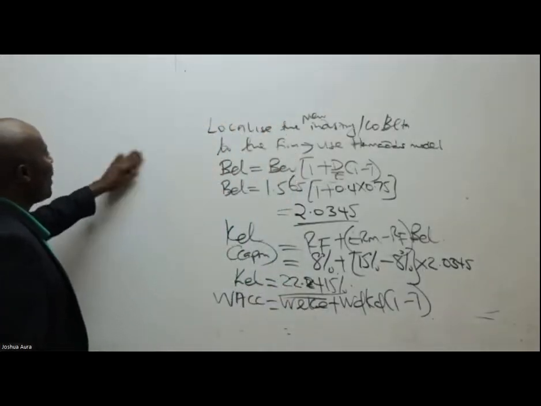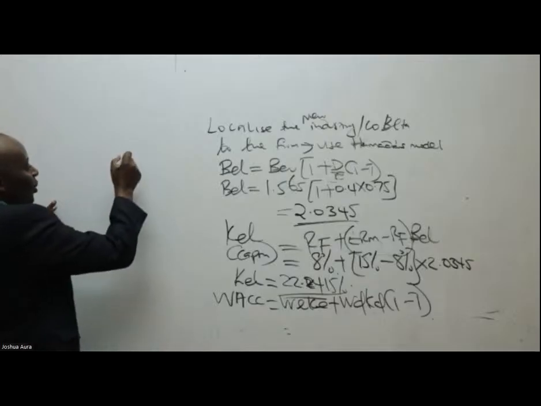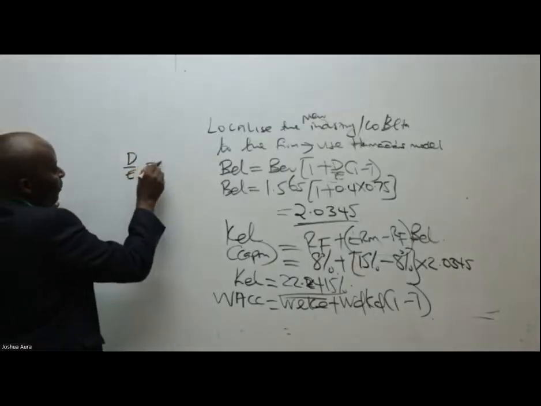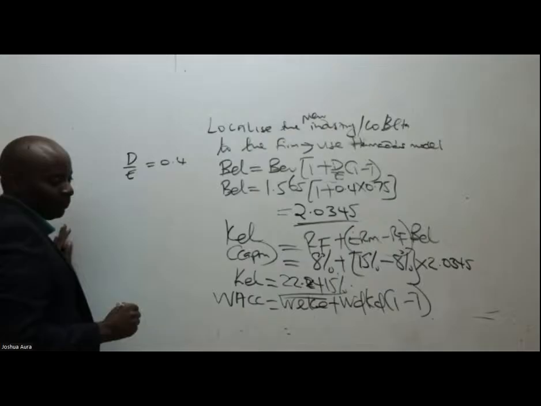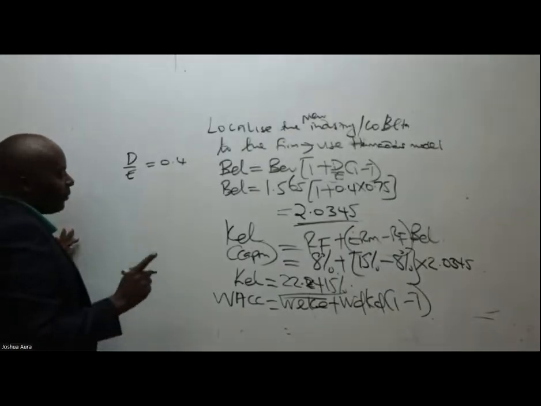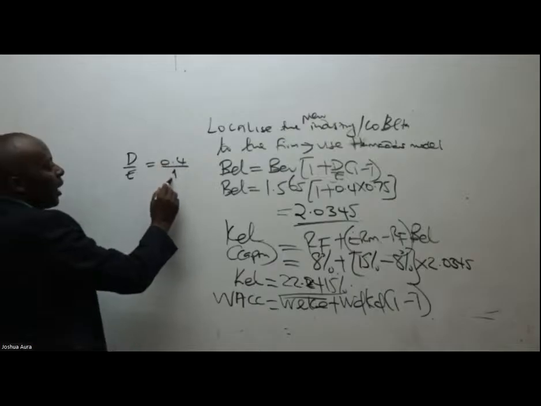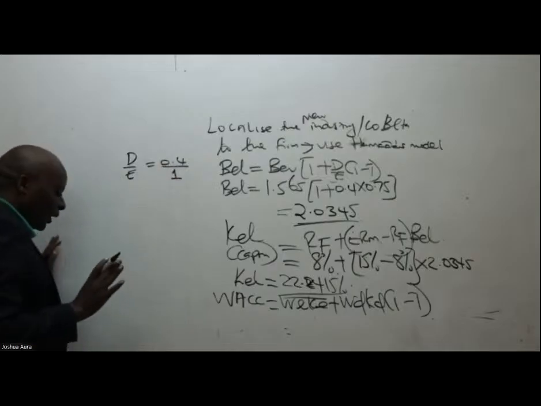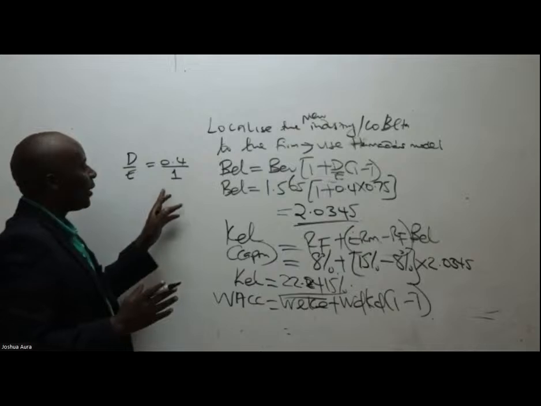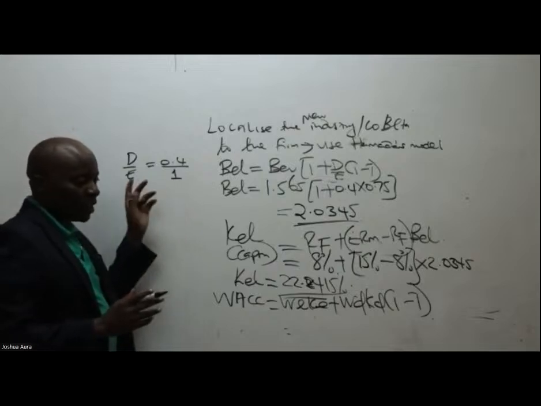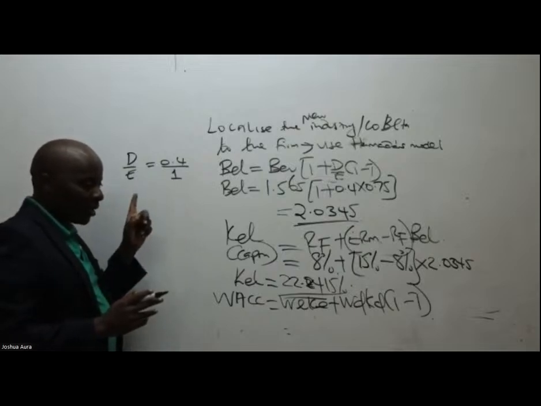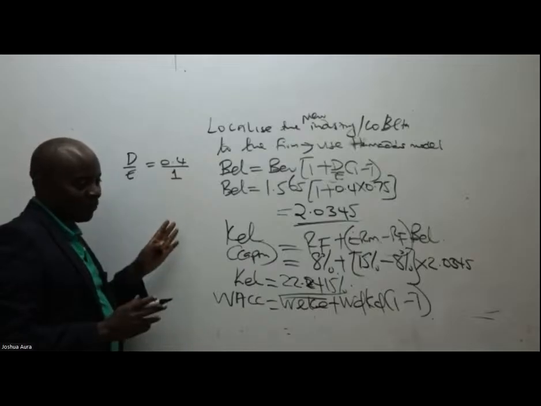When you are told that the debt to equity ratio is 0.4, you're supposed to know that this number has an implied quotient of 1. 0.4 divided by 1 is 0.4.